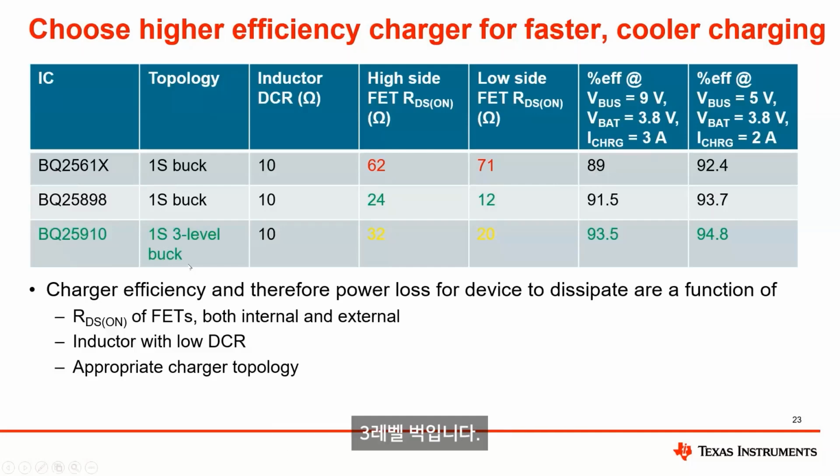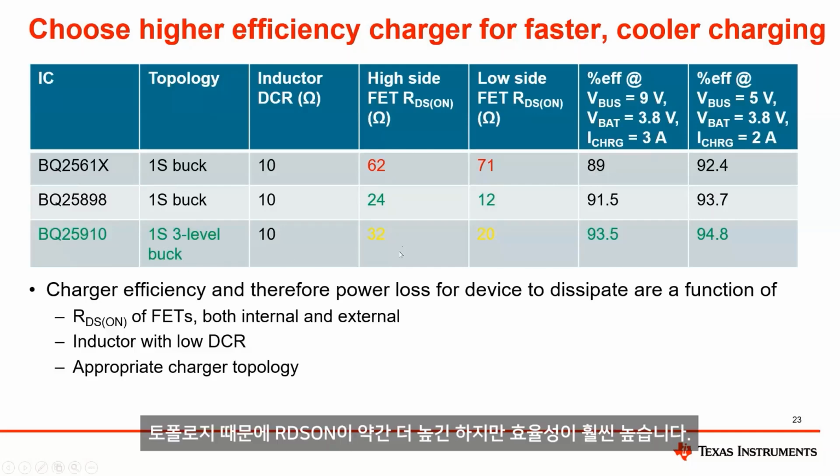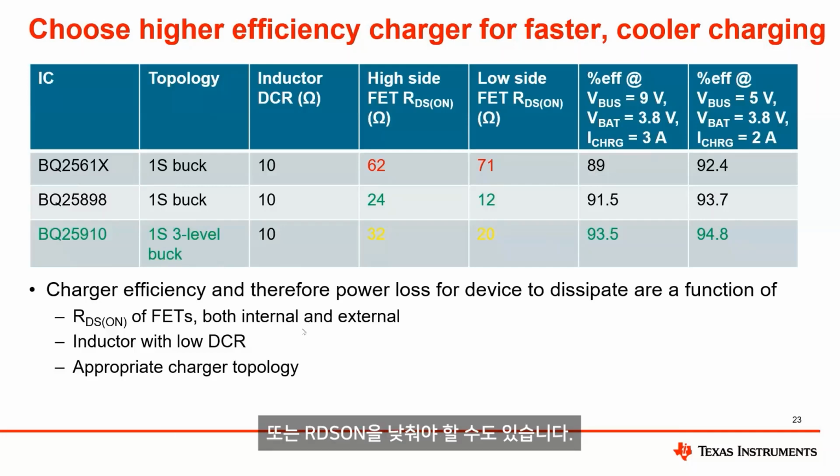It's a 3-level buck, and even though it has slightly higher RDS(on) because of its topology, it actually has much higher efficiency. So sometimes you do have to make sure that you have the correct topology for your application, or you might have to lower your RDS(on), or lower the DCR of your inductor, for example.